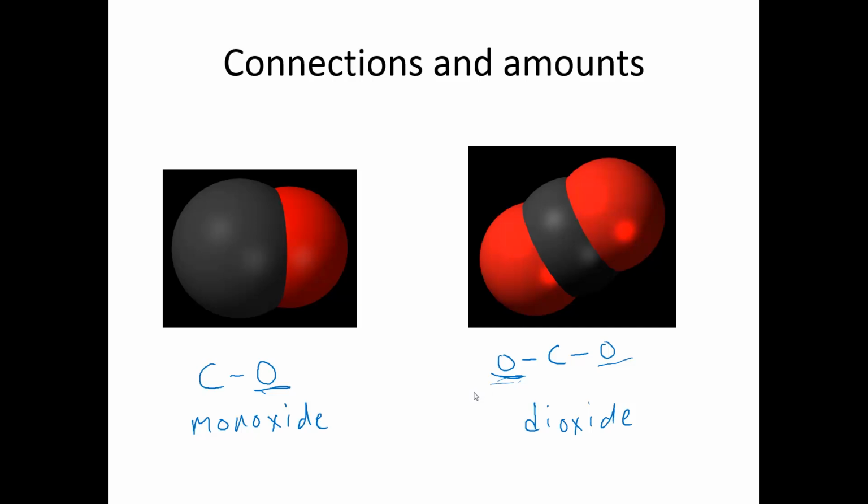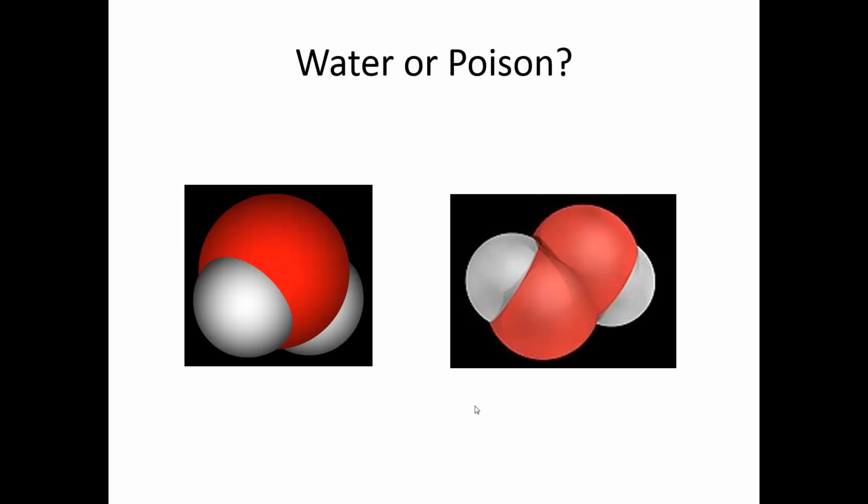And this is actually what leads to such an extremely different set of properties in actuality. Toxic, carbon dioxide, not so toxic. And well, here's another example. And we kind of have this idea of safe versus not safe being sometimes a very subtle difference in the molecule itself and the atoms that are present and their connectivity.